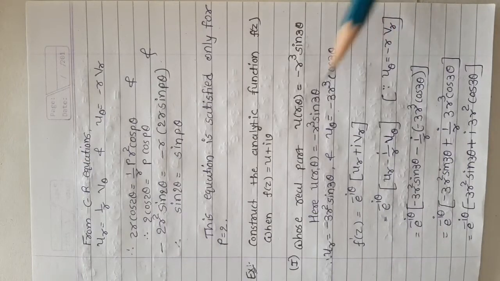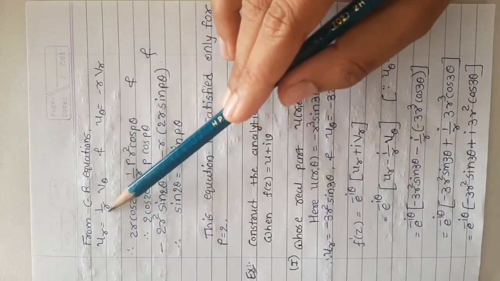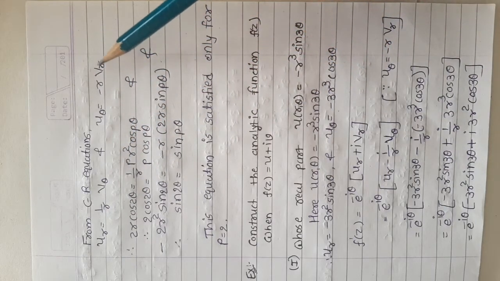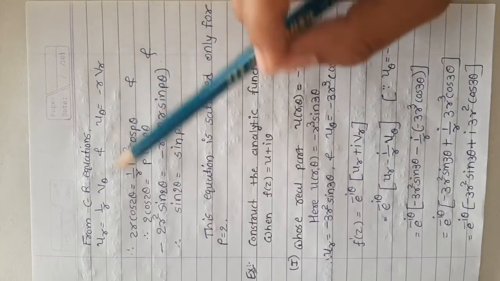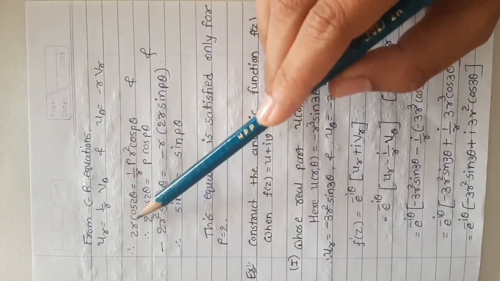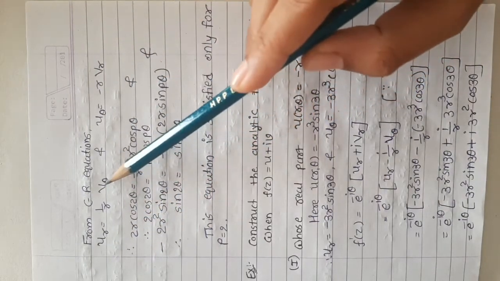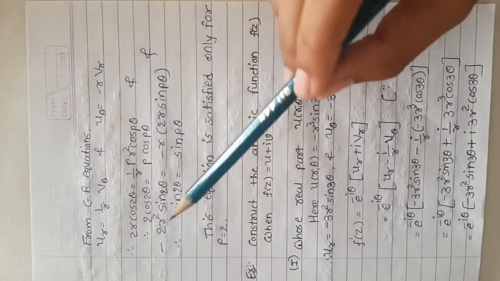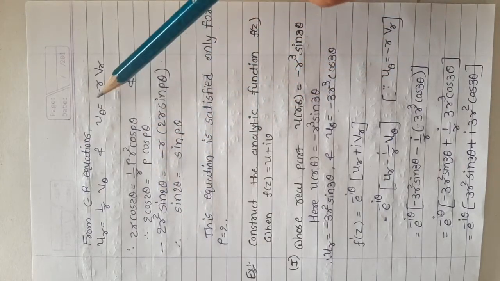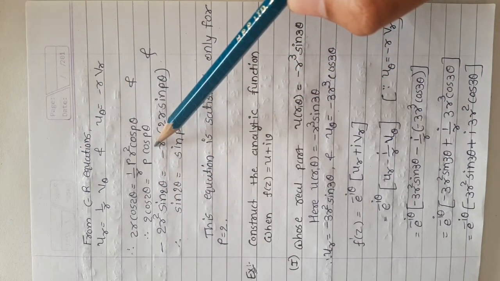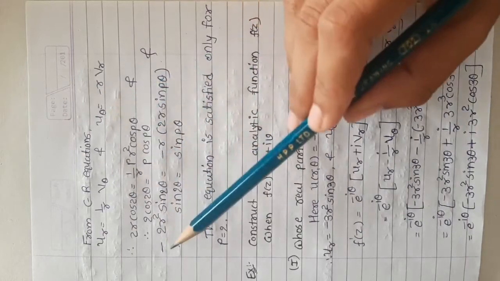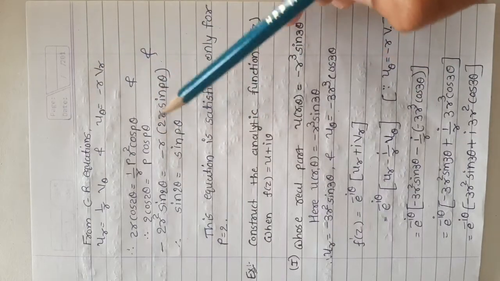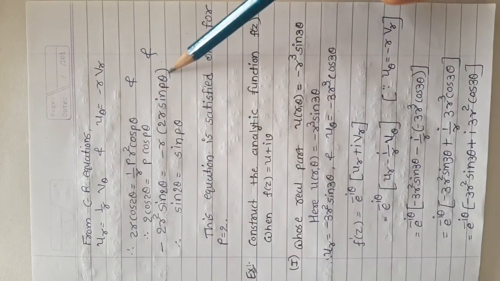From CR equations, we have ur equals 1 upon r v theta and u theta equals minus r vr. Now, comparing both sides, we have the value of ur is 2r cos 2 theta equals 1 upon r, v theta is p r square cos p theta, and u theta is minus 2 r square sin 2 theta equals minus r, vr is 2r sin p theta.